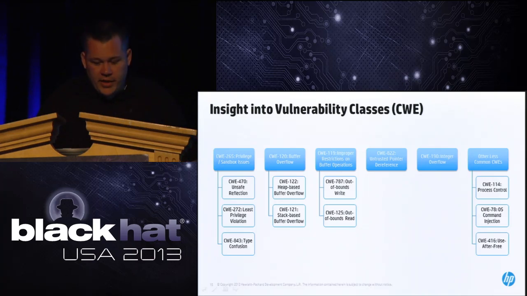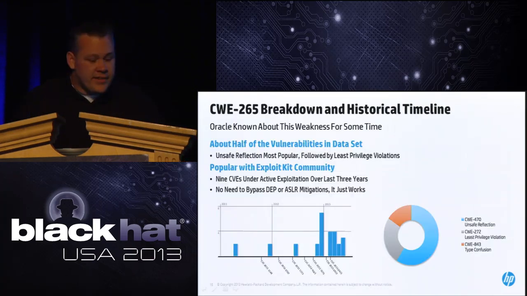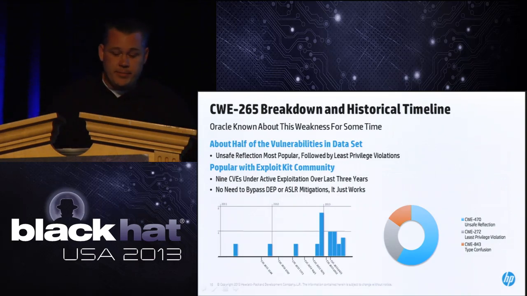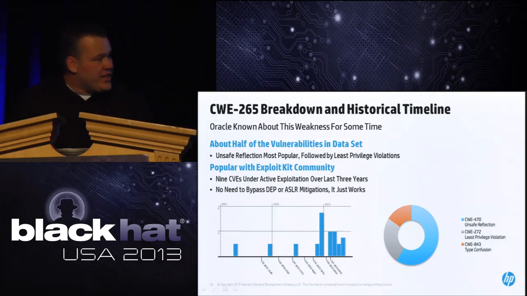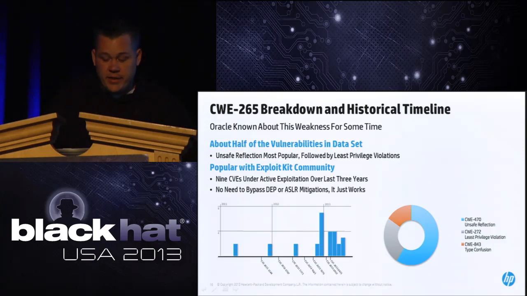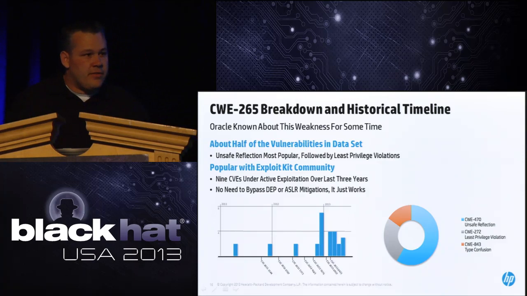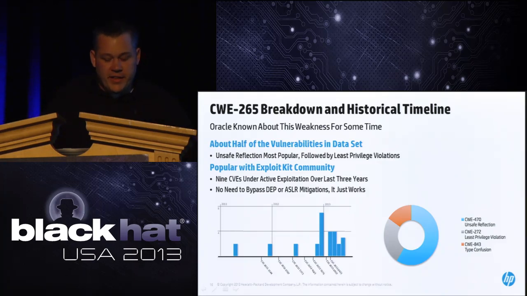But if we look even deeper at specifically the sandbox bypass issues, CWE 265, it accounted for over half of the vulnerabilities in our data set. If you look at the pie chart there, you can see that unsafe reflection accounted for over 50% of those, the least privilege violations were a quarter, followed by the type confusion bugs.